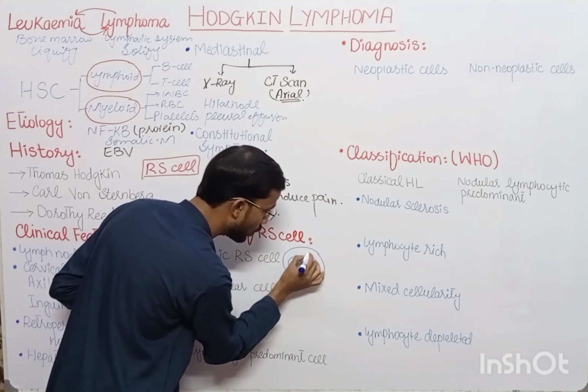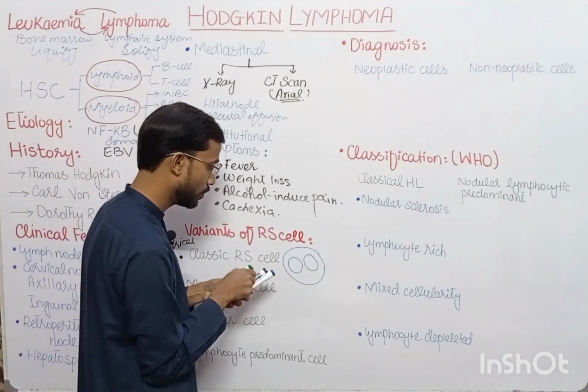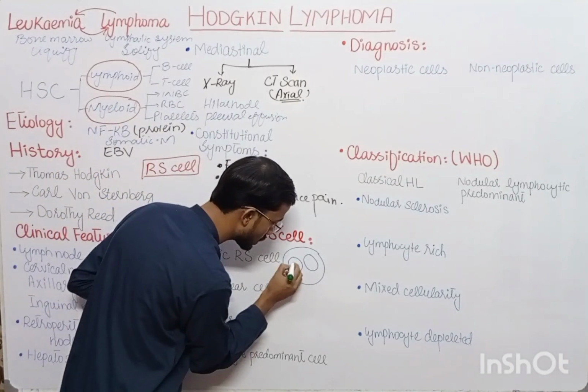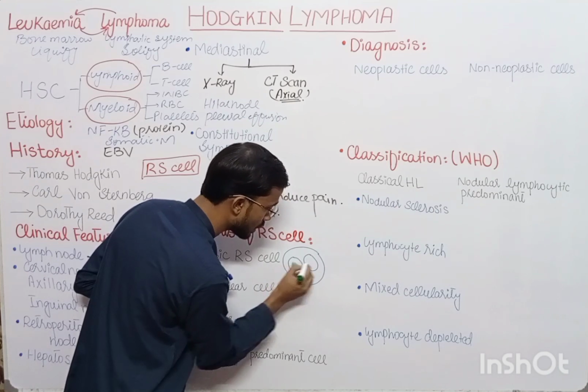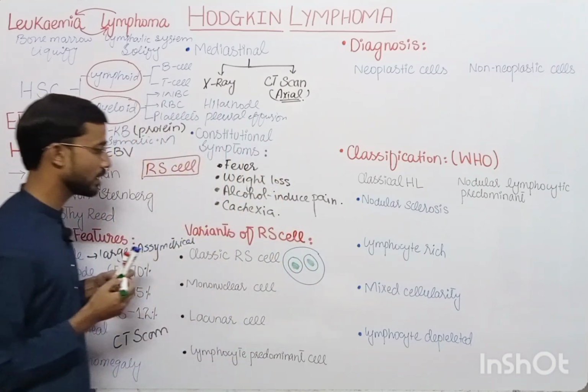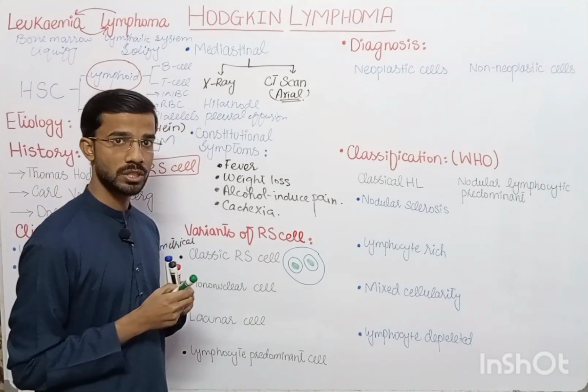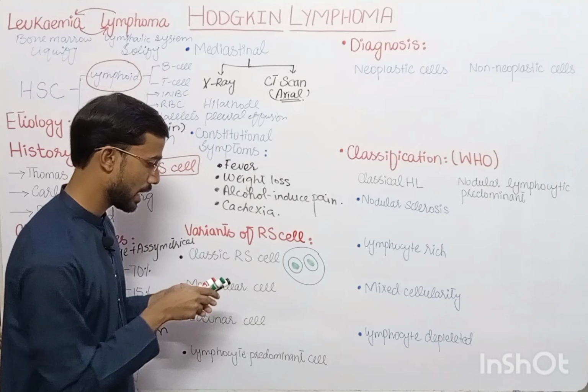Here there are 2 nuclei, each having a nucleolus in it. This is the basic classic Reed-Sternberg cell, and it looks like an owl's eye.